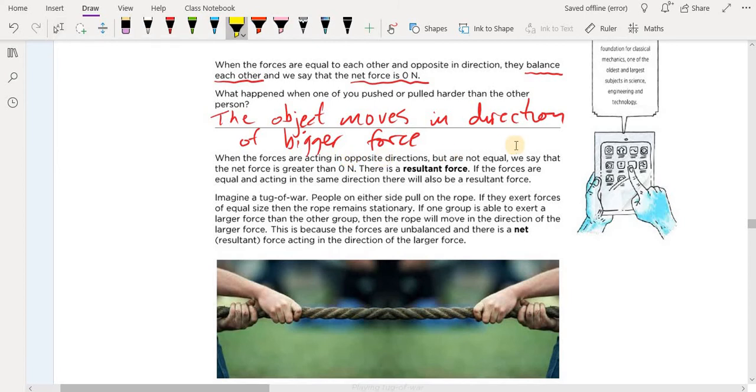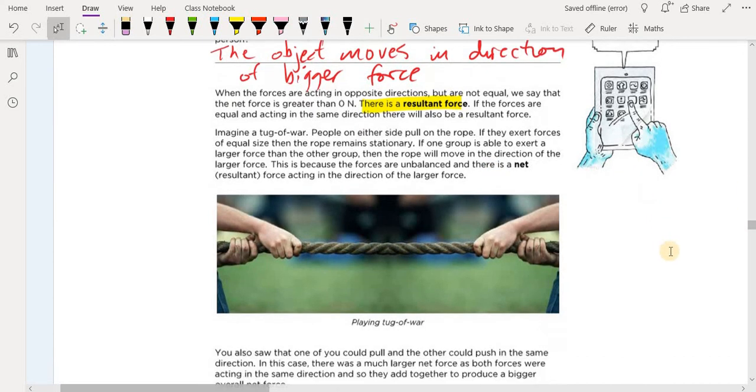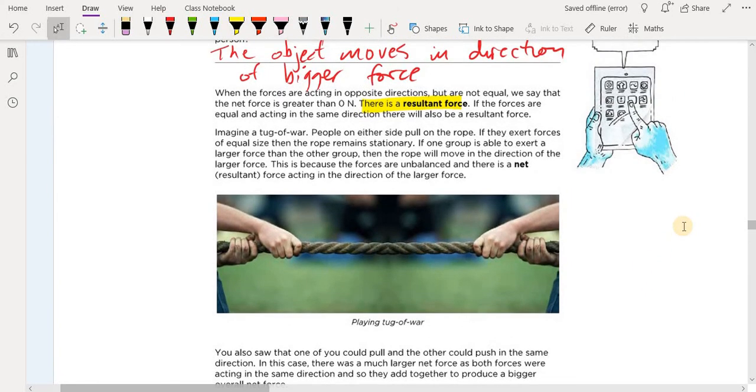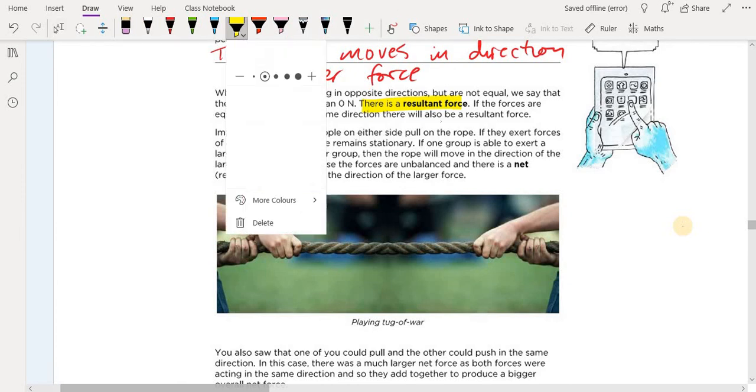Sorry, I need to highlight with a pen. If the forces are unequal and acting in the same direction, there will also be a resultant force. You can think of tug of war and two groups pulling, and if one side is exerting a bigger force than the other side, we have what we call a net force or a resultant force.